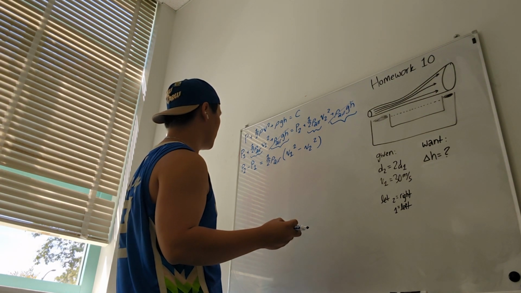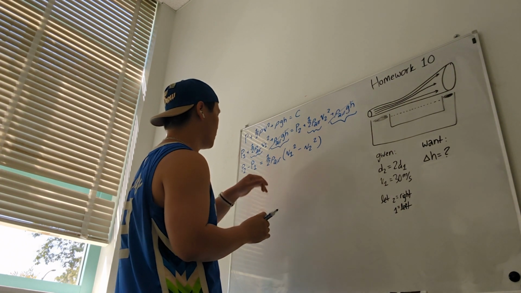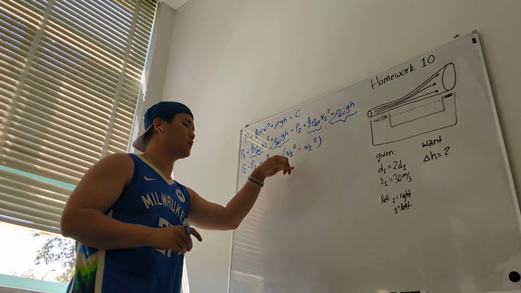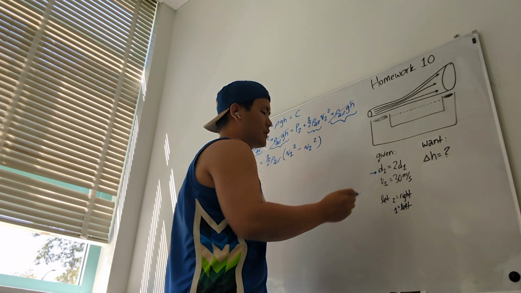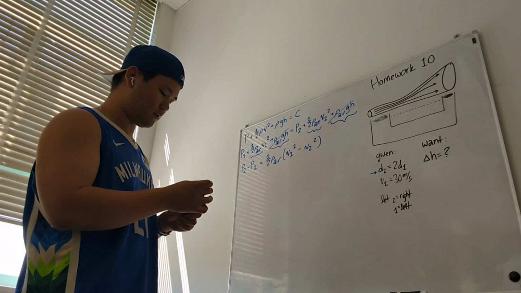So we don't know what this is. We do know what the density of air is, and we do know what V1 is. But this detail here, the diameter detail, tells us everything we need to know about V2.